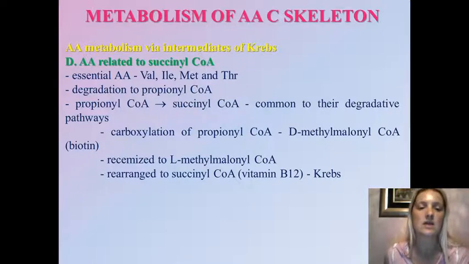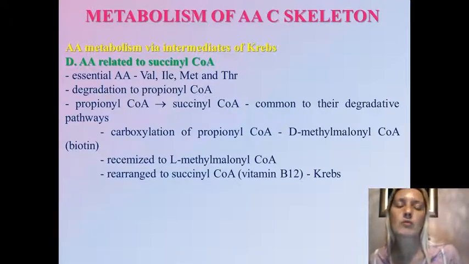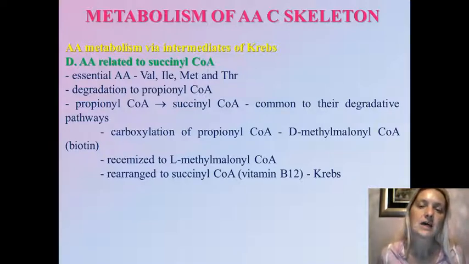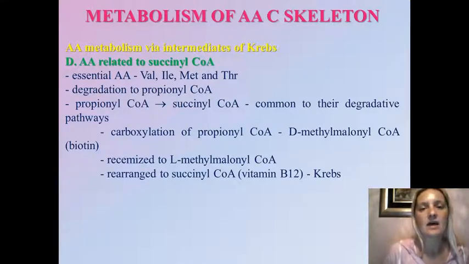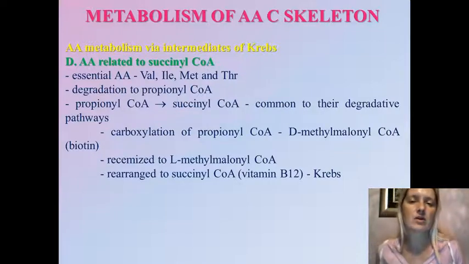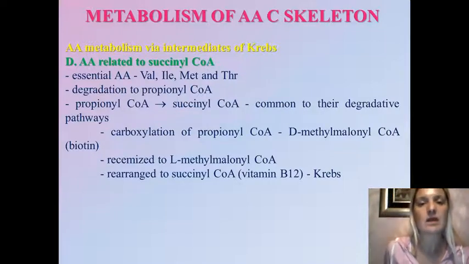and threonine. So all of those 4 amino acids degrade to form propionyl coenzyme A, which is the intermediate we got from the degradation of fatty acids with an odd number of carbon atoms, and the upcoming pathway and metabolism of propionyl coenzyme A is very well known to us.